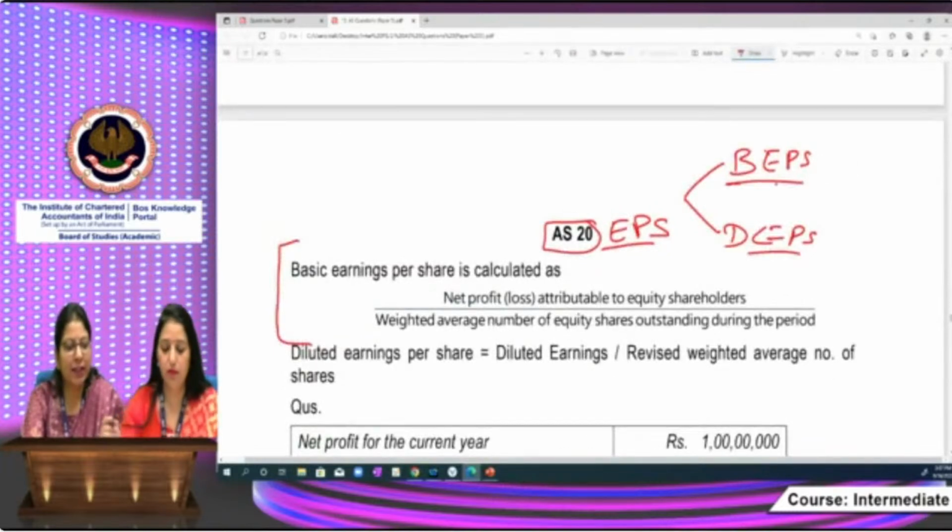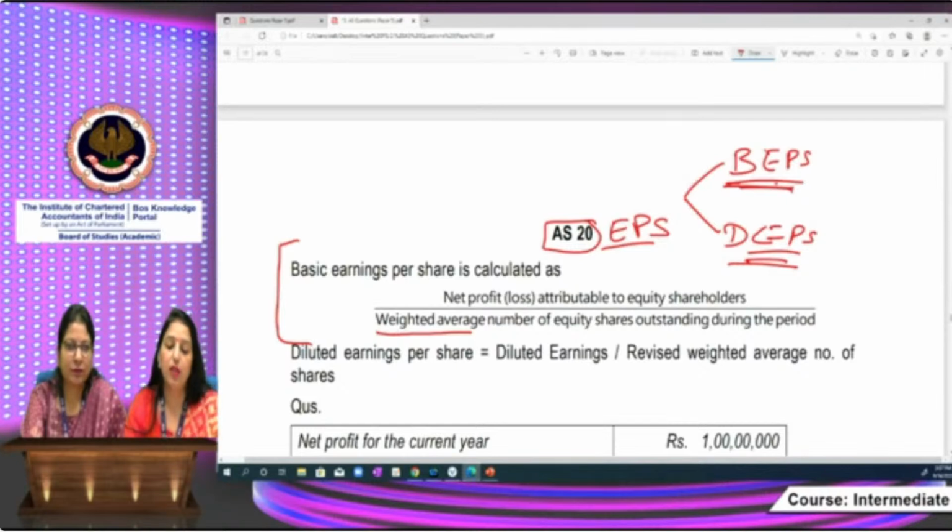It is clearly given that net profit or loss, whichever is attributable to equity shareholders. This standard is applicable to companies, because in companies only we have to calculate the earning per share. Companies have to show the basic EPS and diluted EPS on the face of the statement of profit and loss. That's why they have to calculate it.